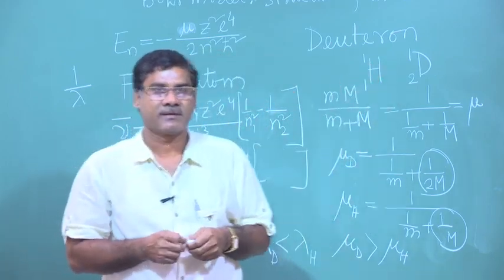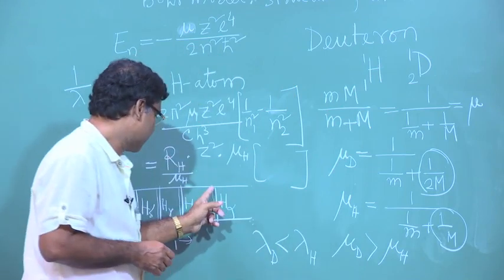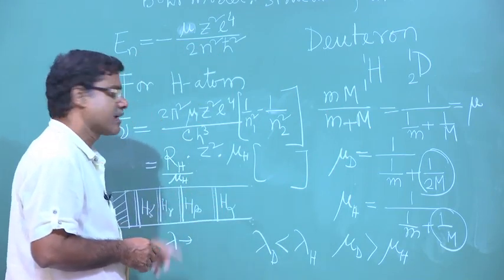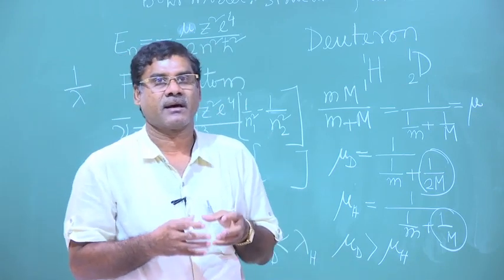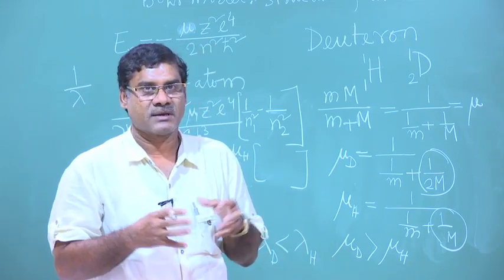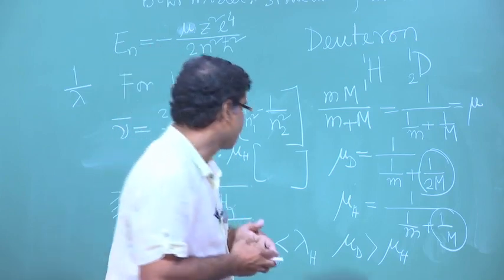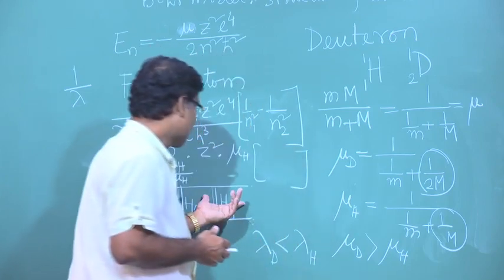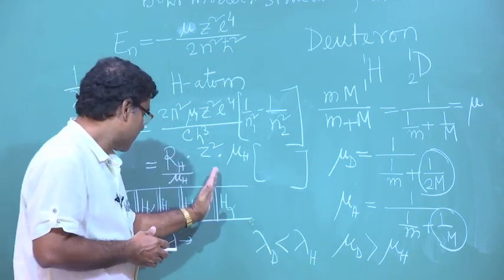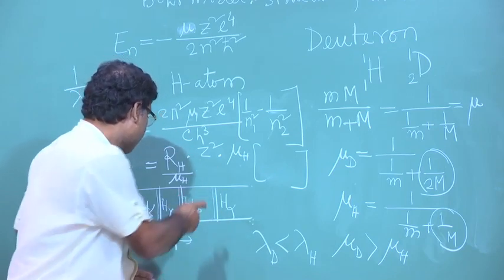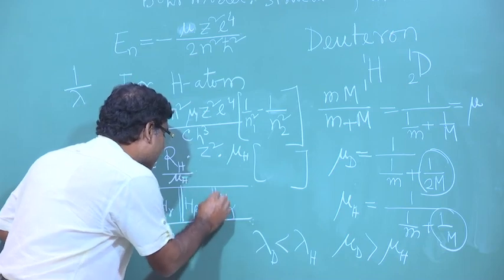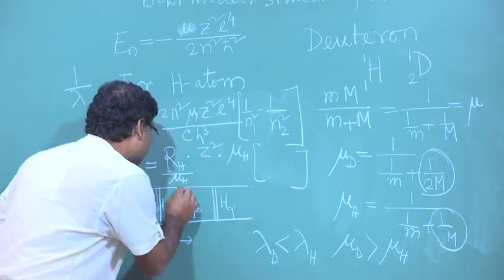It is seen that this faint line becomes brighter, because now the ratio of deuteron to hydrogen in this mixture is higher. That is why these lines become brighter than the earlier one.